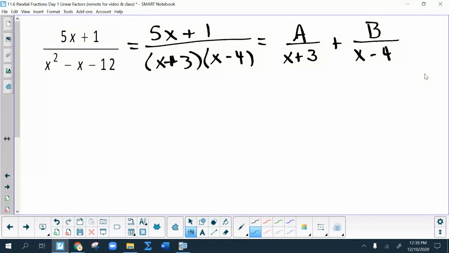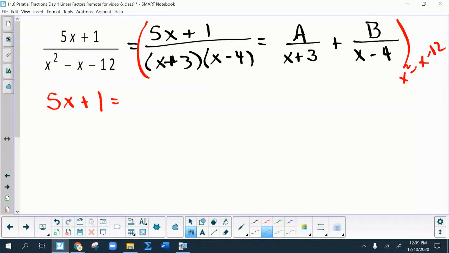Now I'm going to cross multiply, kind of, to get rid of this. I'm going to multiply my denominator through. I guess it's not really cross multiplying. We're multiplying by x squared minus x minus 12, which when I multiply by that, the denominator in the first fraction goes away. So I'm left with 5x plus 1.